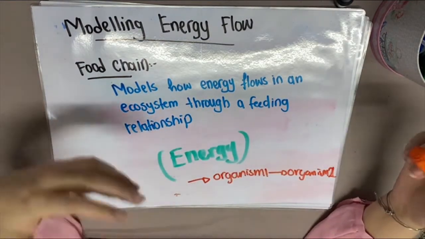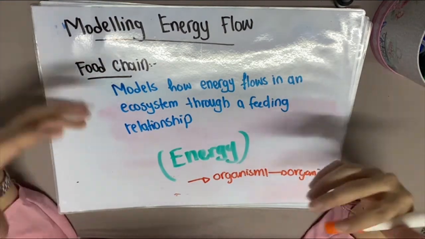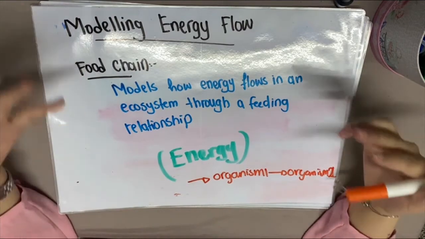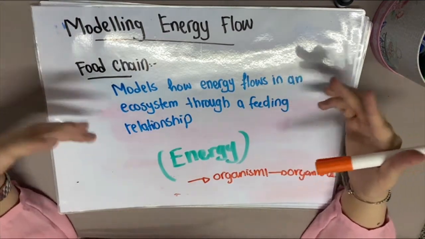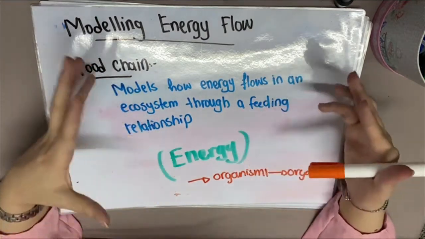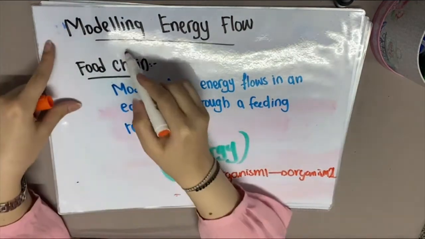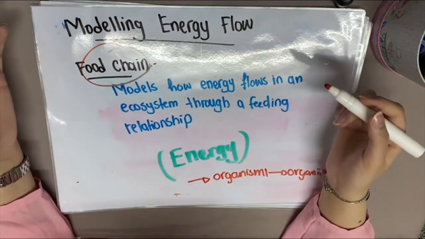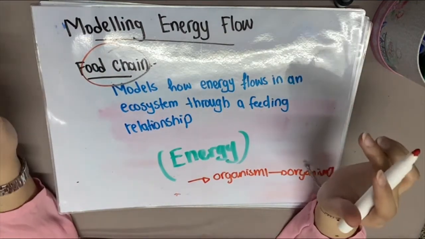It's simply that energy passes from one organism to another, connecting living things in a chain, a food chain. It's not an actual chain, but it's a way to talk about the relationship between organisms and to show how energy flows in a food chain. All living organisms are a part of a food chain, including us humans. And most things are part of more than one single food chain.